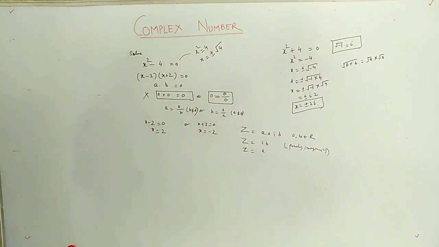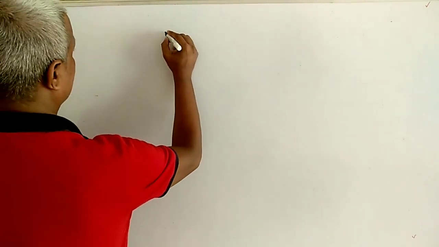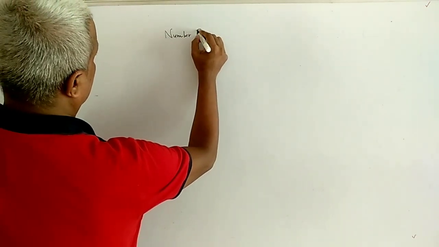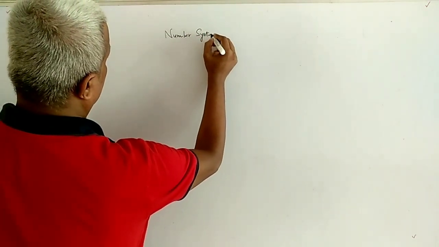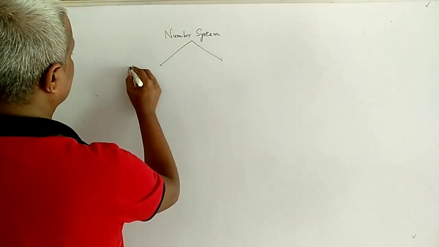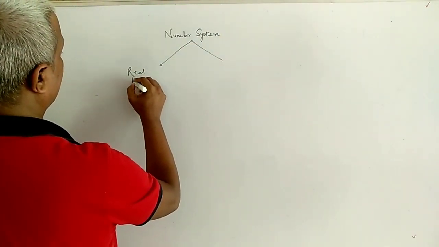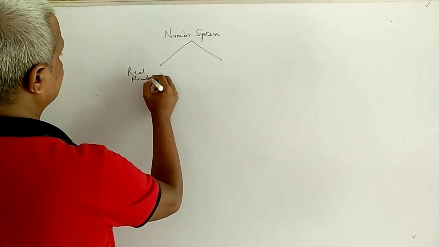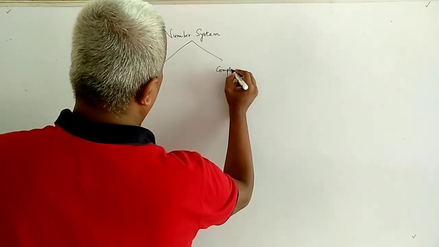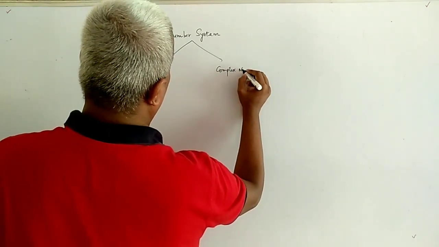Now let me clear the screen and then I'll come back to explain. We have the number system, and it has two branches. One is called real number system and the other is called complex number.